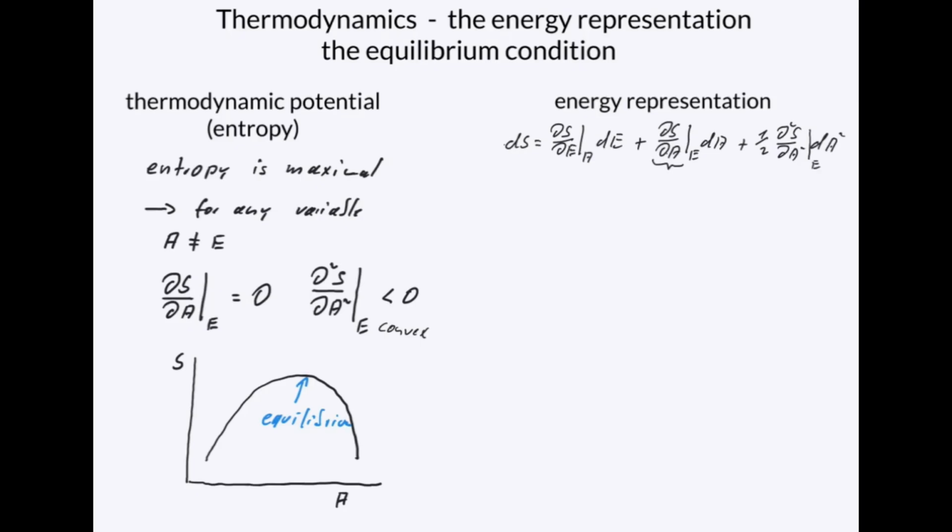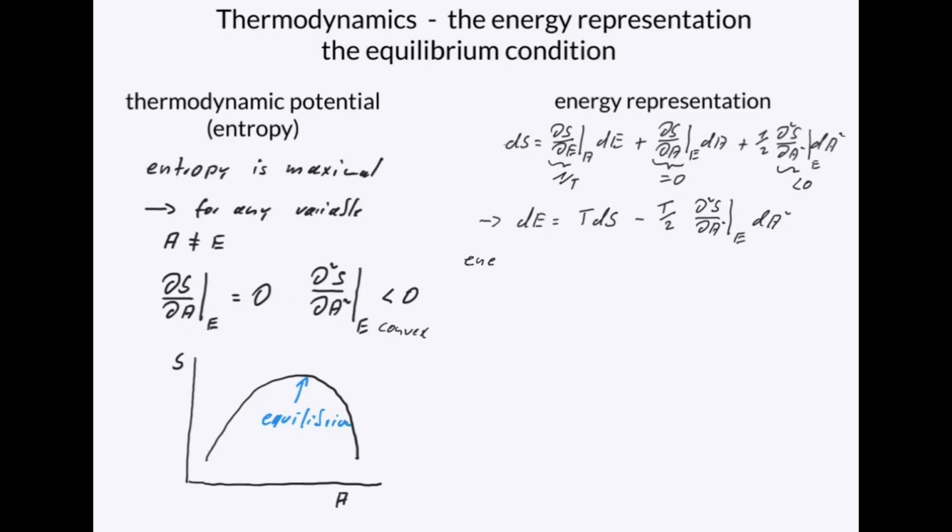We use here a second order Taylor expansion because the second term is equal to 0 from the requirement that S is at its maximum. Now, rewriting this equation, we obtain an expression for dE, which is given by T dS minus T times half the second derivative of S with respect to A times dA squared.